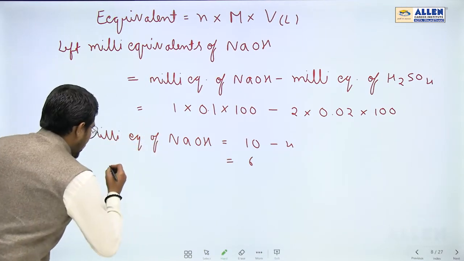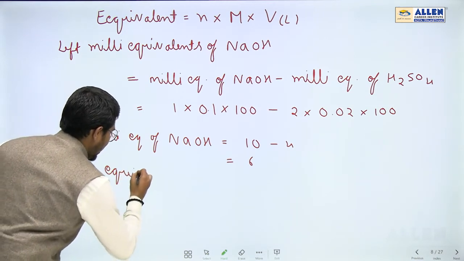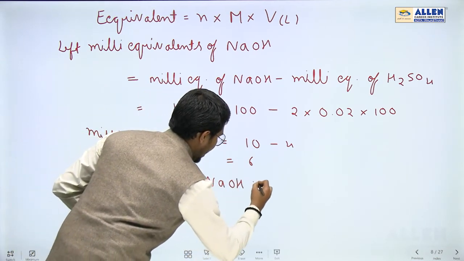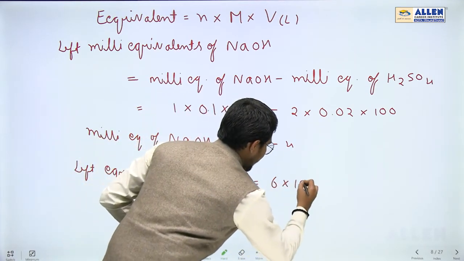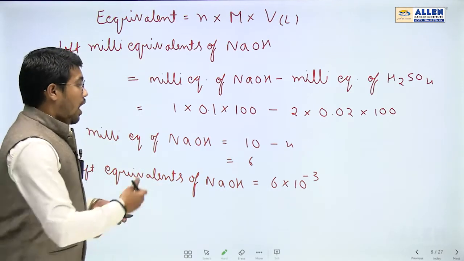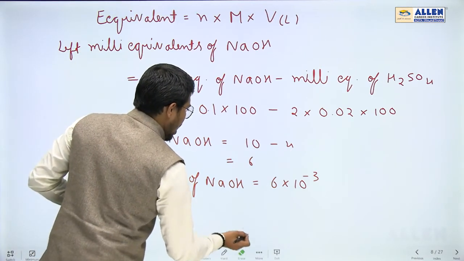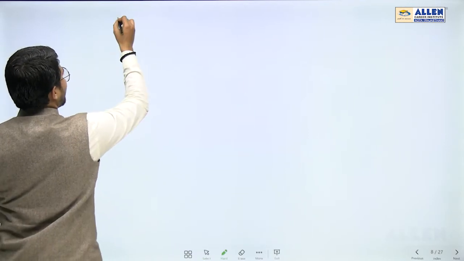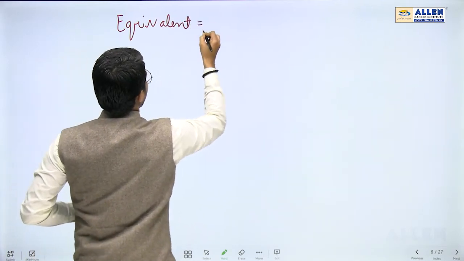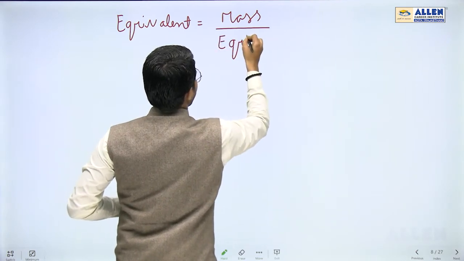Now if I write left equivalents of NaOH, I will say 6 into 10 to the power minus 3. Okay, these are the left equivalents of NaOH. Now how will we move further from here? Simply, we will use another formula of equivalent, that is equivalent equals mass upon equivalent mass.